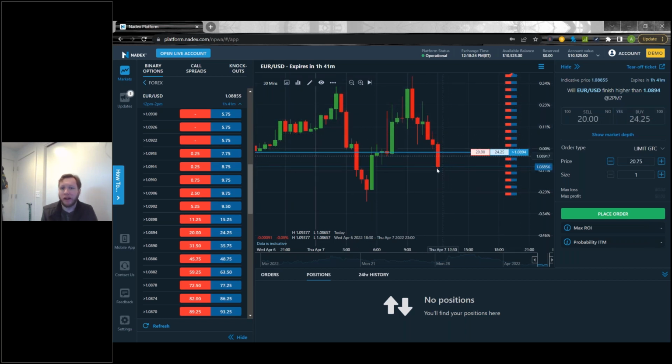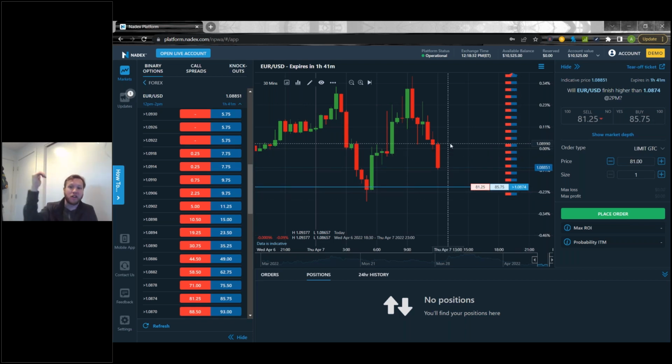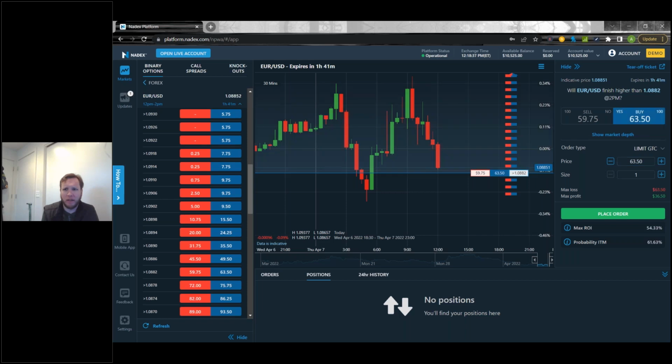We would need the market to actually move up in the next 2 hours to get a return on it, while if we go down and look at this, we just need the market to sort of not move against us. So that's where you get those max ROI and the probability from.